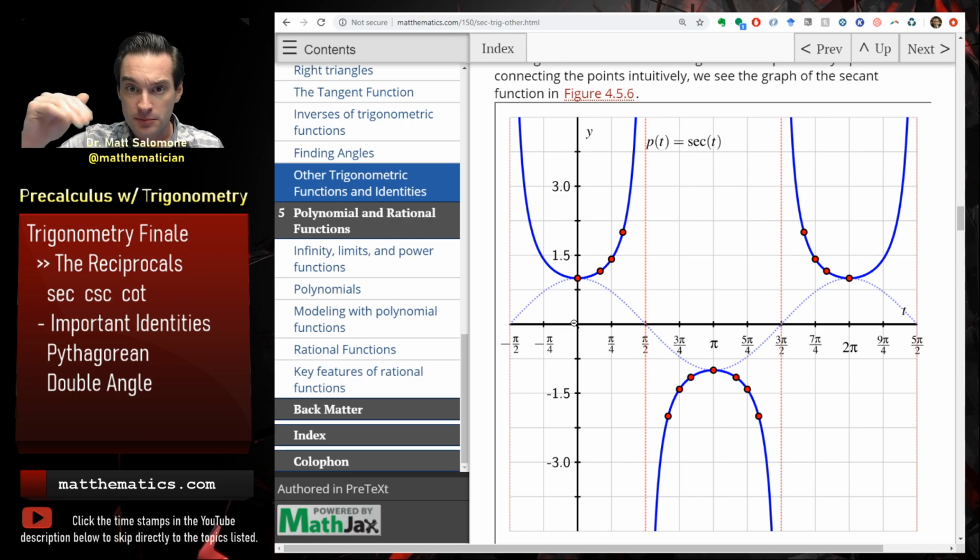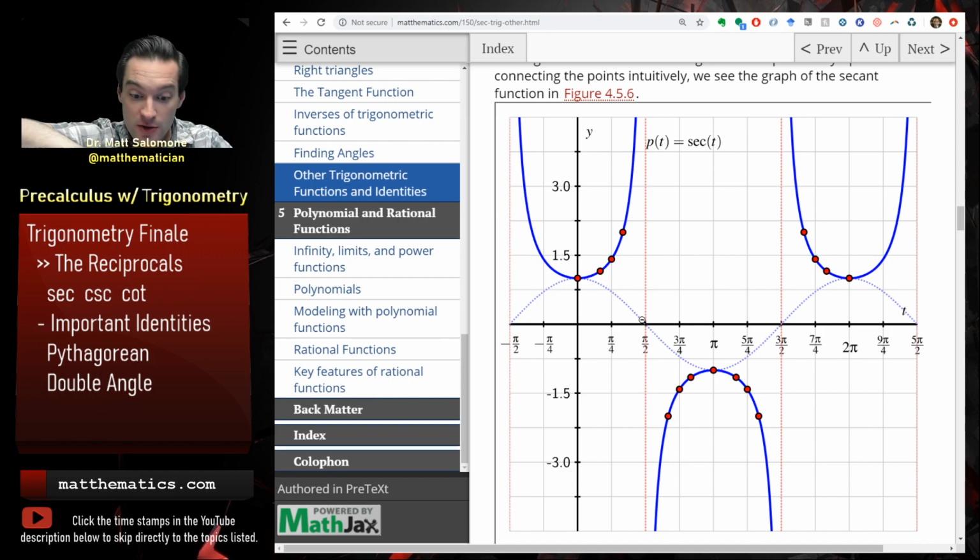Well, cosine only oscillates between positive and negative 1 to begin with, so it never got close to infinity at all. But it did get close to 0. It got close to 0 a lot of times. And everywhere that the cosine got close to 0, for example, right here at x equals pi over 2, the secant, its reciprocal, blows up.